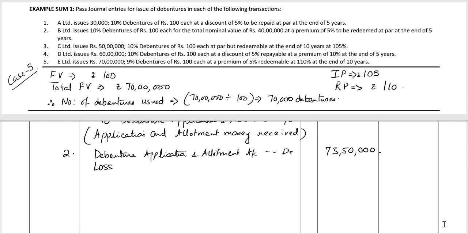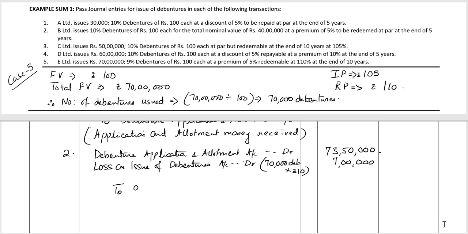We need to debit loss on the issue of debentures account with 70,000 debentures multiplied by rupees 10 premium on redemption, comes up to 7 lakh rupees.